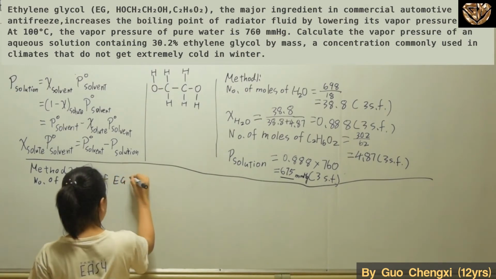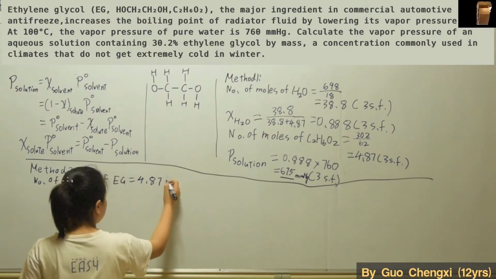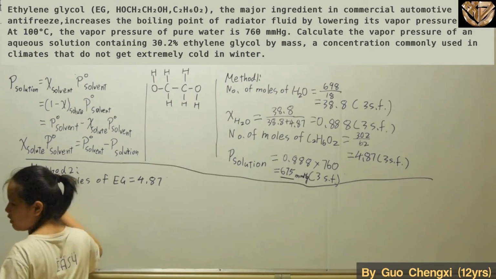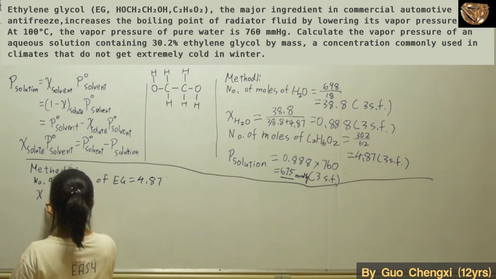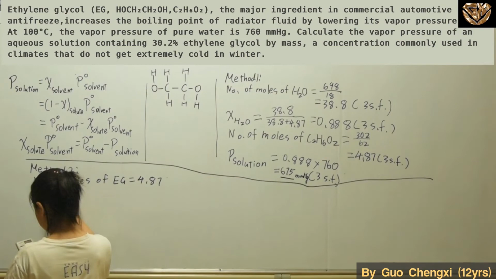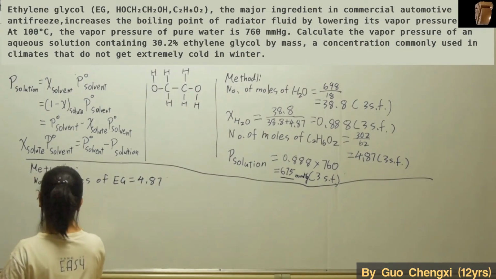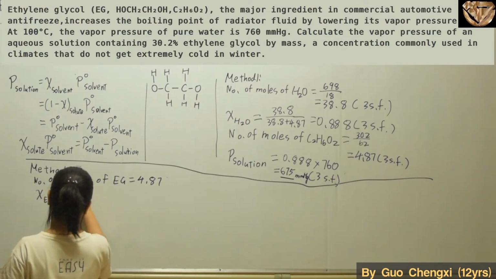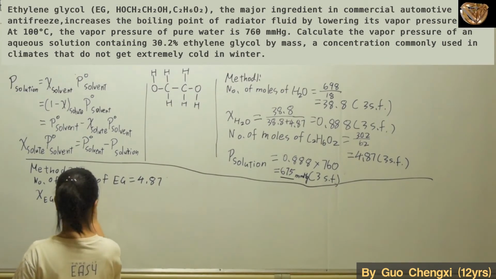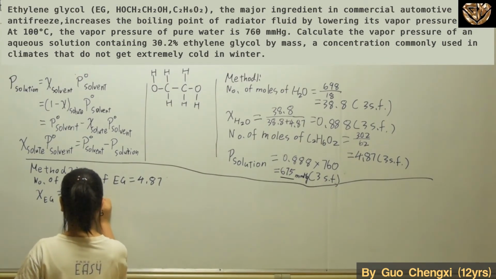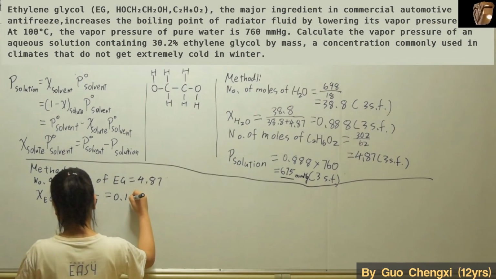So for this part, we're going to have 4.87, and then the chi solute, chi EG, is 4.87 over the same thing as before, 38.8 plus 4.87, whereas you will get 0.1115.